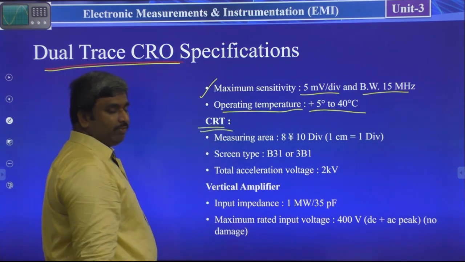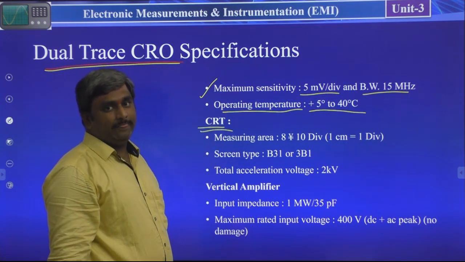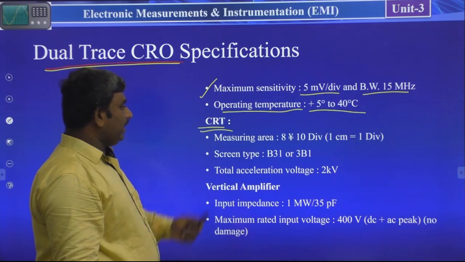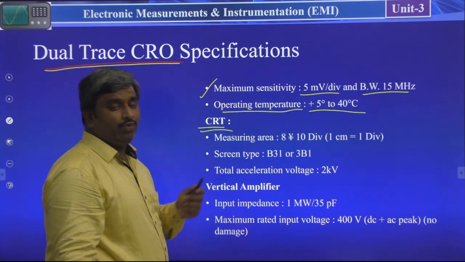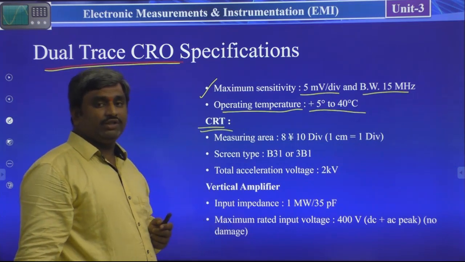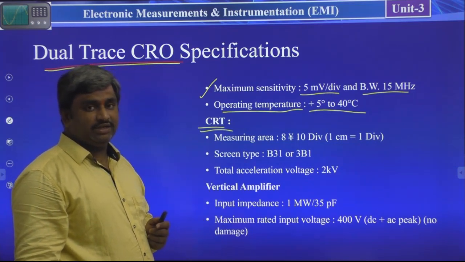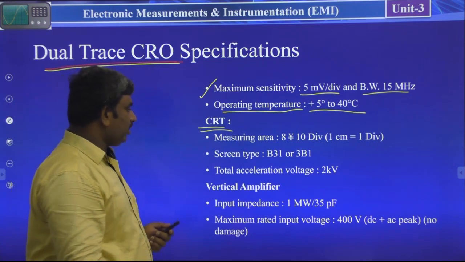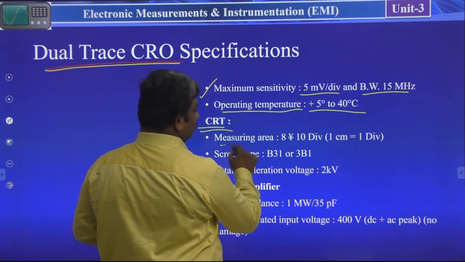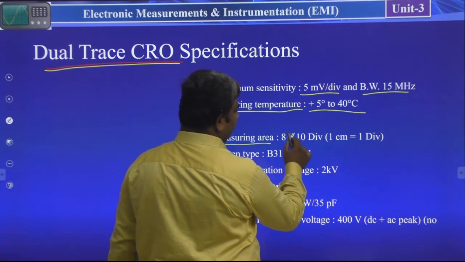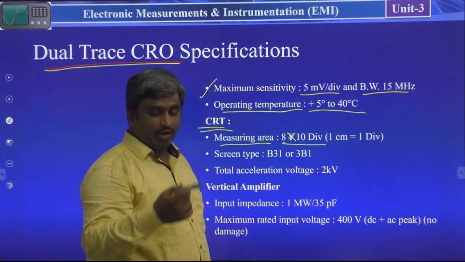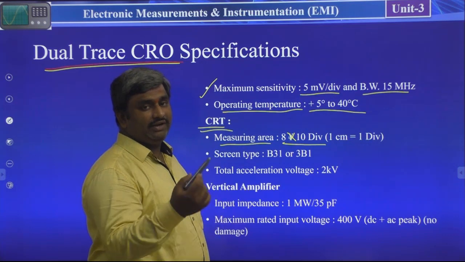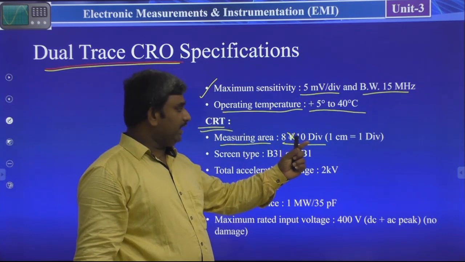Next, the major important one, the CRT, cathode ray tube. For the cathode ray tube, a lot of features are there: size, operating voltages, as we have seen. Those things we will see now. The measuring area is 8 by 10 divisions, that is 8 divisions in the vertical direction and 10 divisions in the horizontal direction.